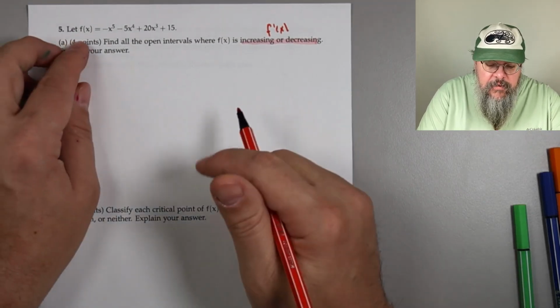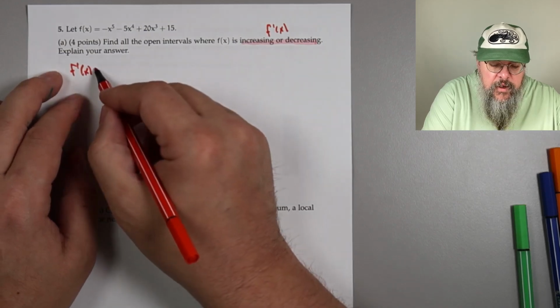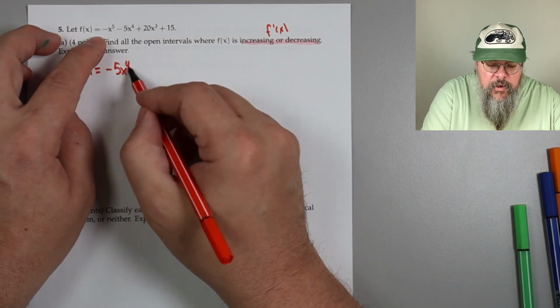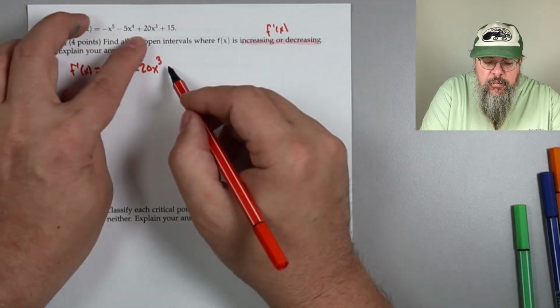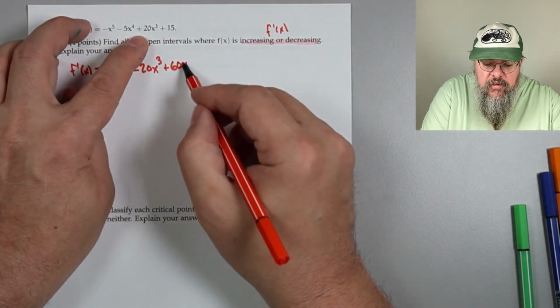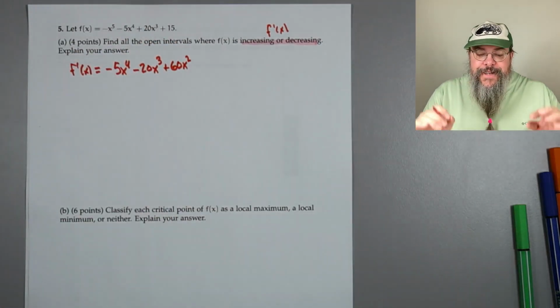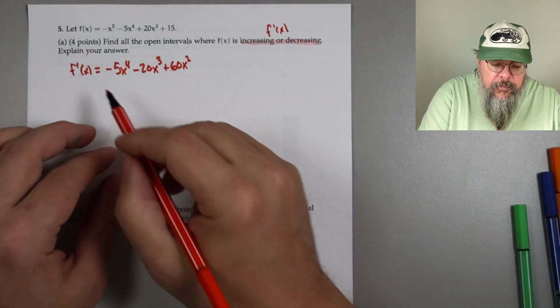We have f of x, so we start by finding f prime of x. That is negative 5x to the 4th minus 20x cubed plus 60x squared, and the derivative of 15 is 0. Good. Now, we factor that.